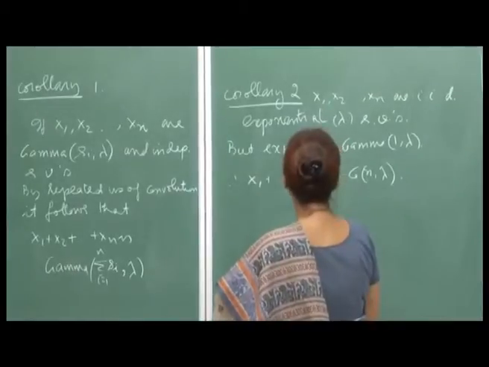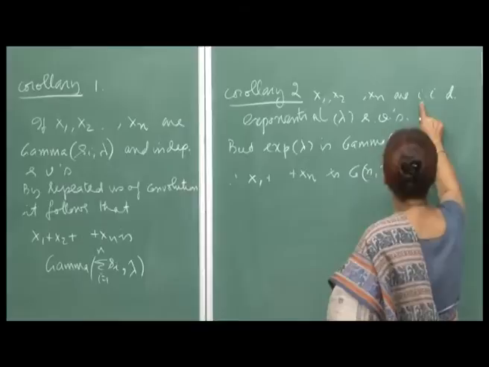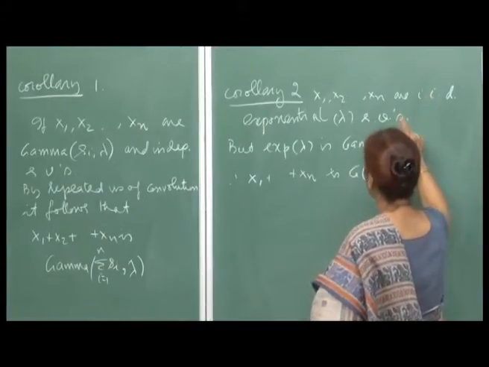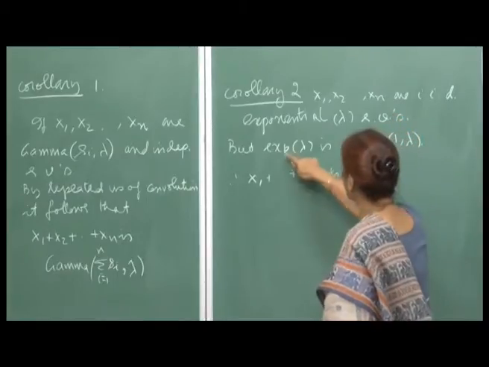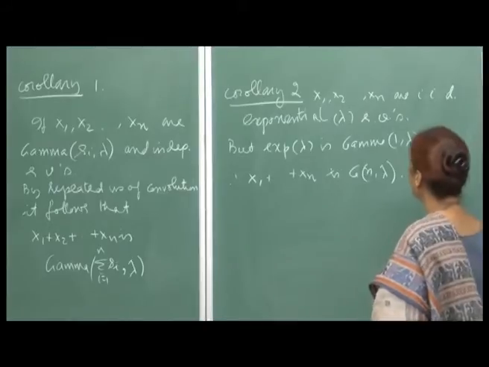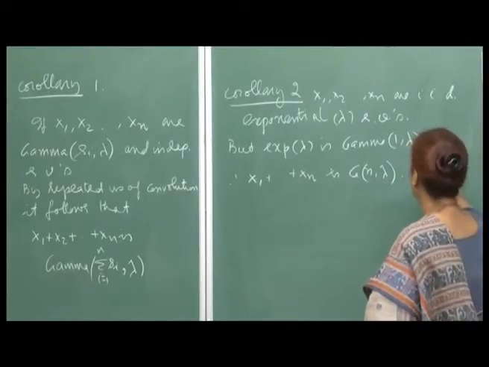Another corollary is that if x 1, x 2, x n are independently identically distributed exponential lambda random variables, we know from the gamma PDF that an exponential lambda is gamma 1 comma lambda.